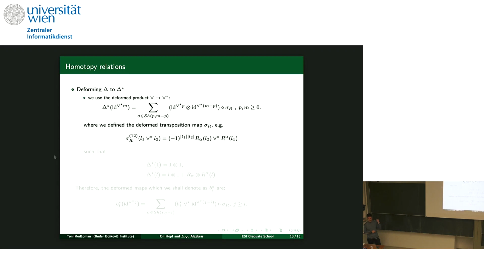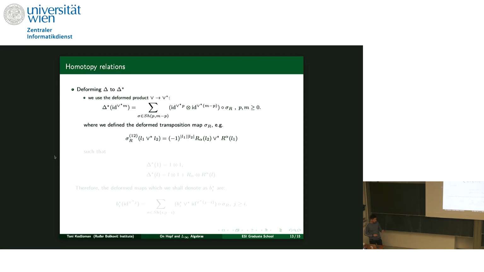Previously, I've shown you a relation that is true on the base Hopf algebra, or rather the base L-infinity algebra. It was fairly similar to this one, but the wedge products were not star wedge products, and the sigma didn't have this R with it. Rather, it didn't induce any sort of R matrix. So the difference here is that we got a new type of product, and the twist is manifest in the sigma being a transposition map.